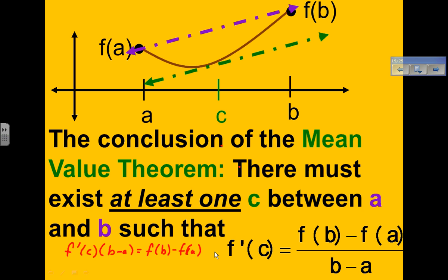Do you see how those are the same thing? Okay? I just multiplied it over so it takes one line instead of two lines. All right? But the mean value theorem, the mean means the average. So the average rate of change between two endpoints, there's a place where it's instantaneous.